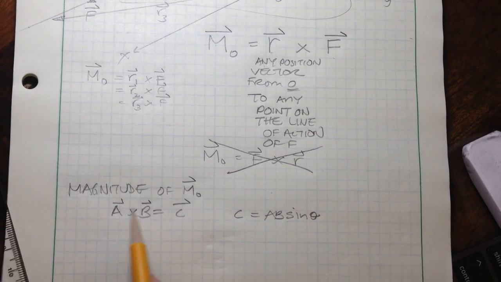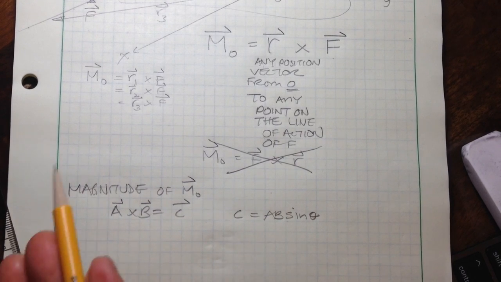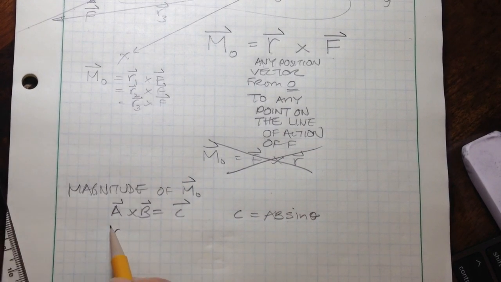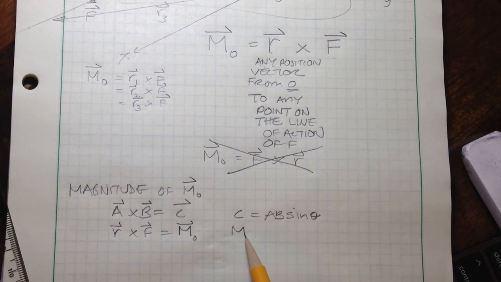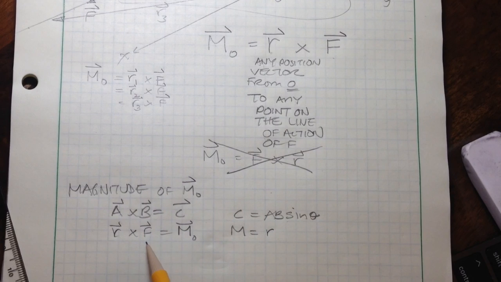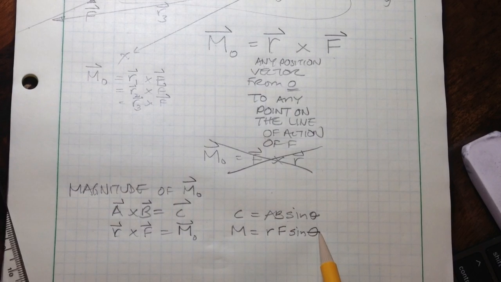So let's rewrite this specifically for our situation here. R cross F is equal to our moment vector, and the magnitude of my moment vector would equal the magnitude of my position vector multiplied by the magnitude of my force and the sine of the angle between them.